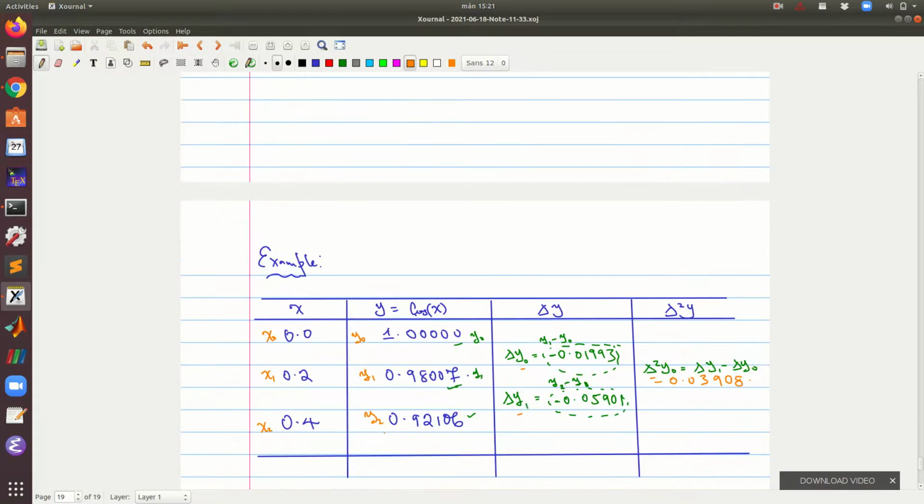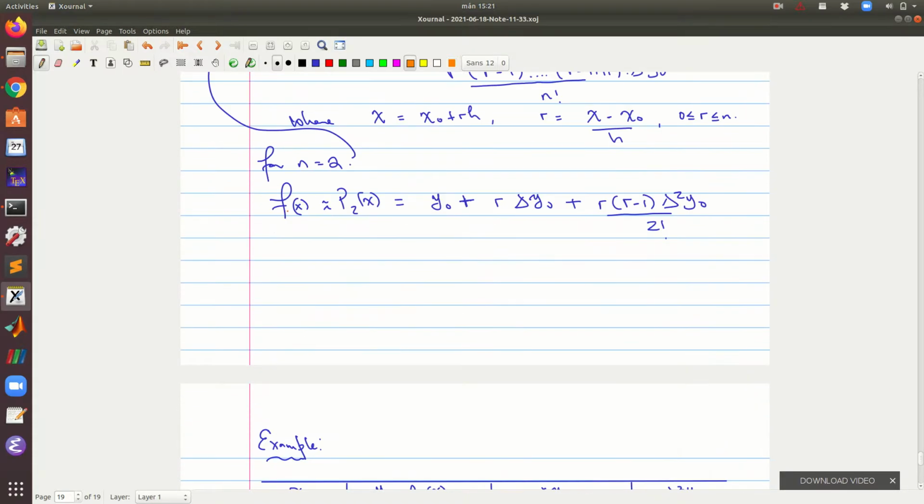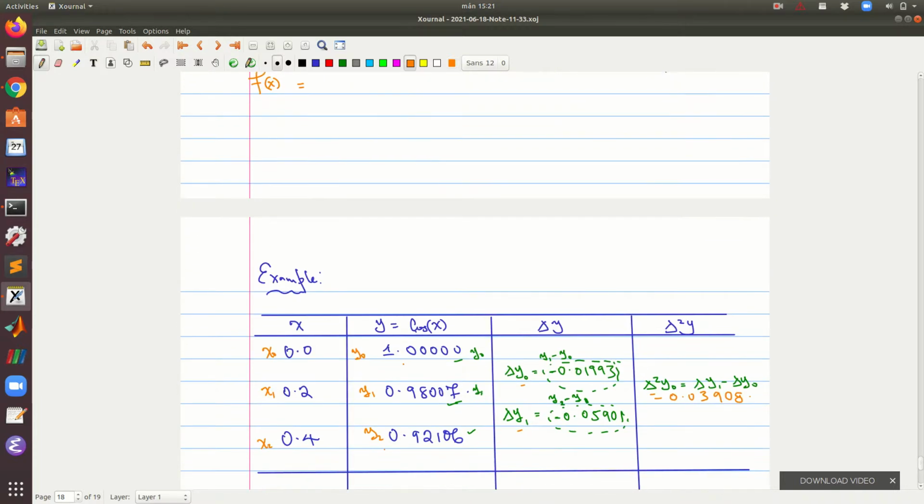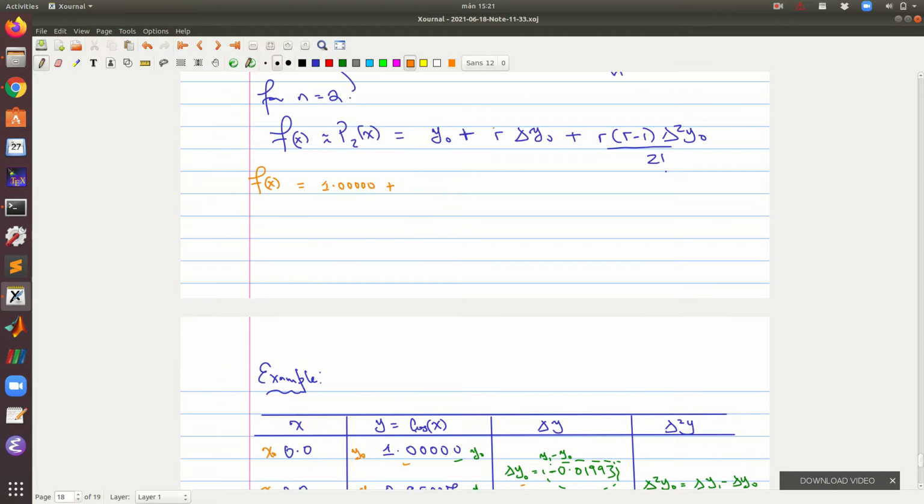So we can now begin substituting in here by saying that we can generally write f of x to be equal to y0. Do we have the value of y0? Yes, we have the value of y0, which is 1.00000, okay.